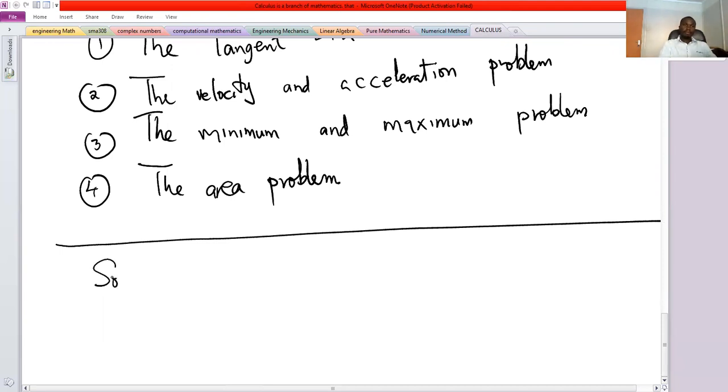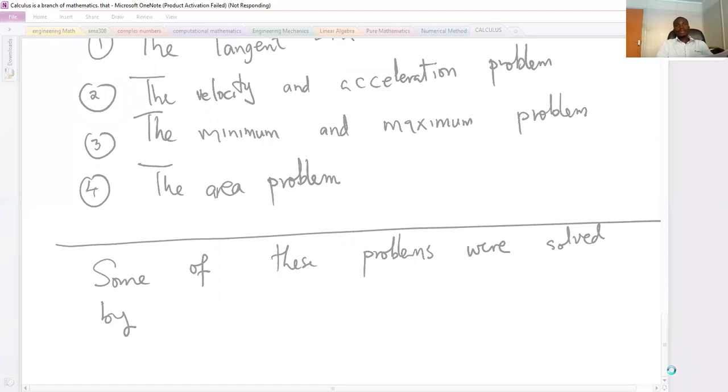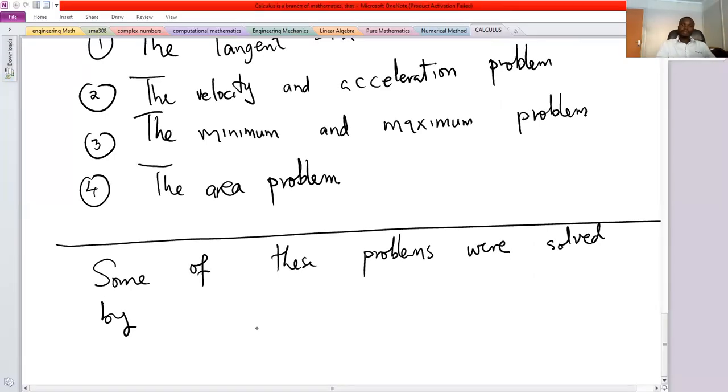Some of these problems were solved by other mathematicians or scientists after the invention of the subject by Newton and Leibniz.